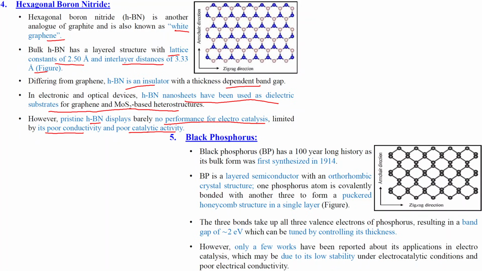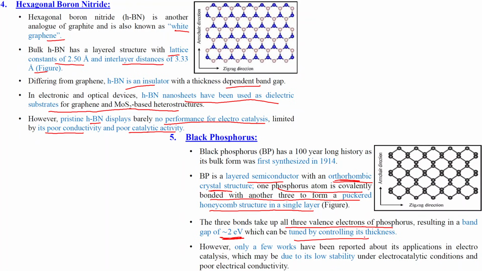Now another one is black phosphorus. It has a 100 year long history. It is a layered semiconductor with an orthorhombic crystal structure. One phosphorus atom is covalently bonded with another three to form a puckered honeycomb structure in a single layer, as you can see here. Three bonds take up all three valence electrons of phosphorus, resulting in a band gap of 2 electron volt, which can be tuned by controlling its thickness.